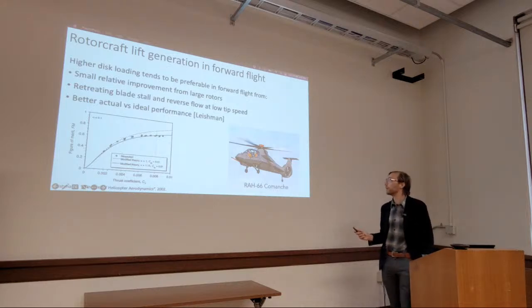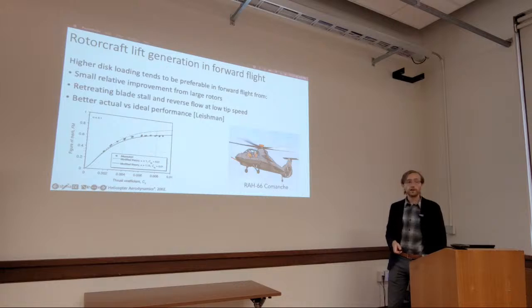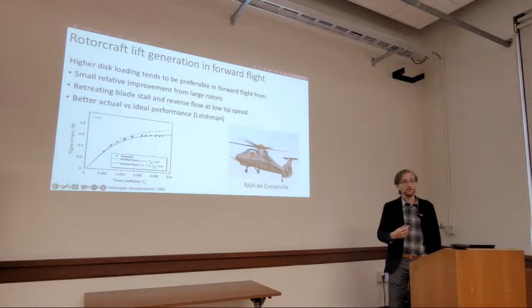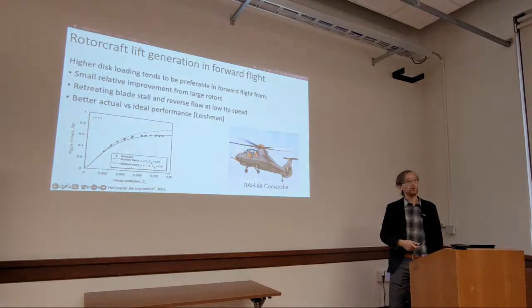And this is an example of a helicopter with a very high disk loading compared to other helicopters of that same class, the RAH-66 Comanche, which was only a prototype and was cancelled. And why does this helicopter have such a disk loading? Because it was meant for reconnaissance and attack and needed to have a high forward velocity.